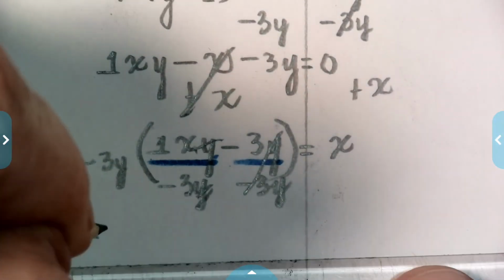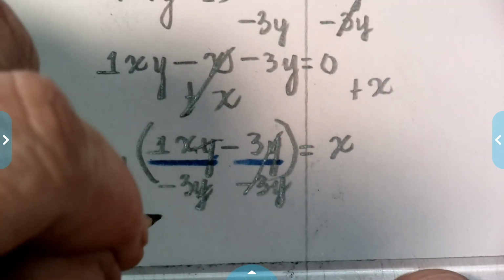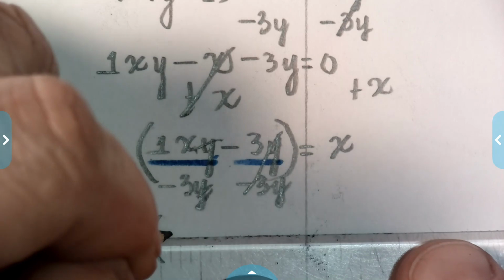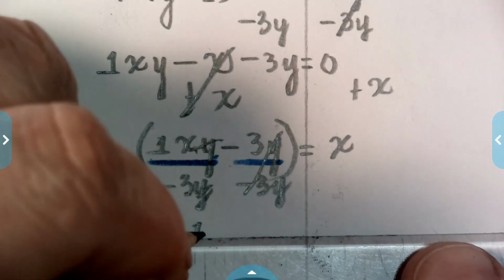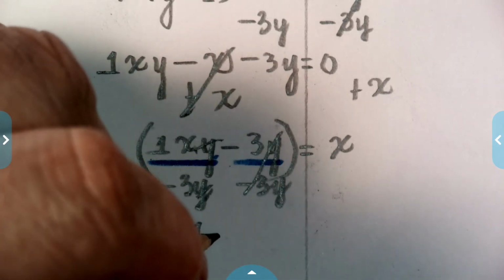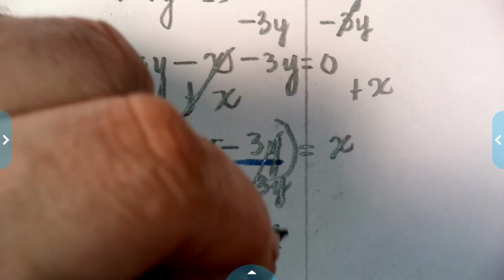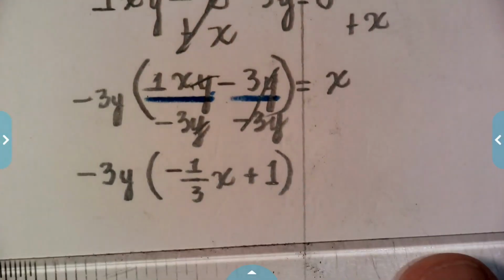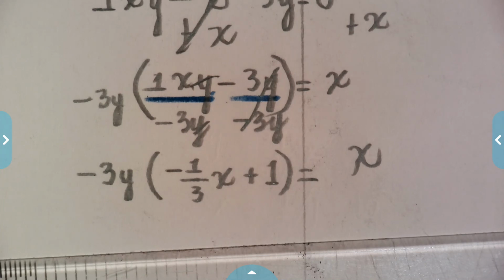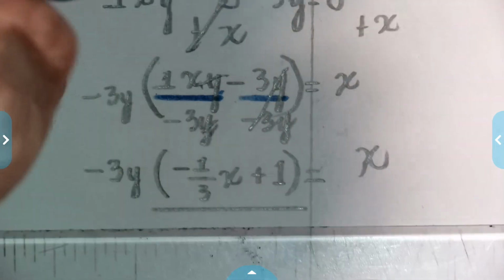So you have negative 3y on the outside, and then on the inside, you have negative 1/3 x plus 1. Okay? Equals x. So I'm going to write like that, because I'm about to make it a numerator.